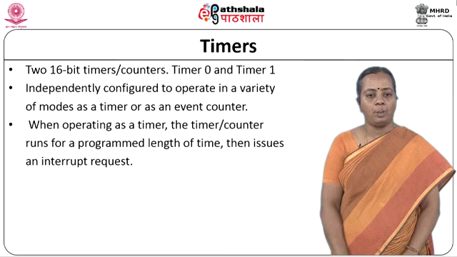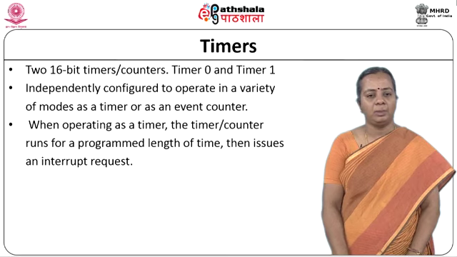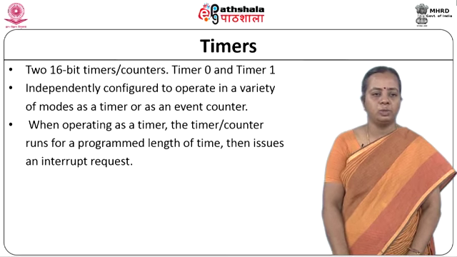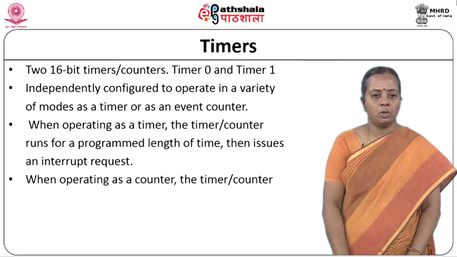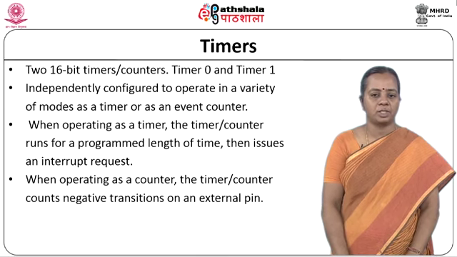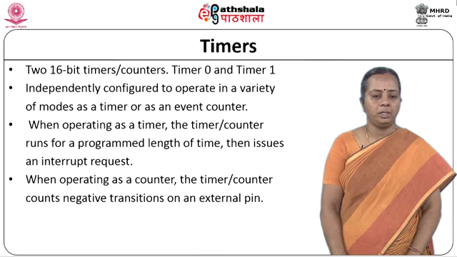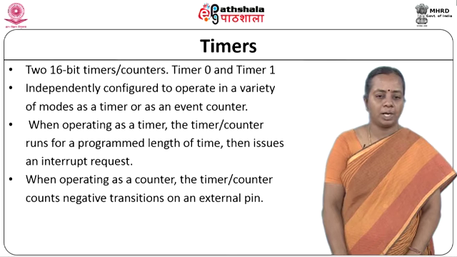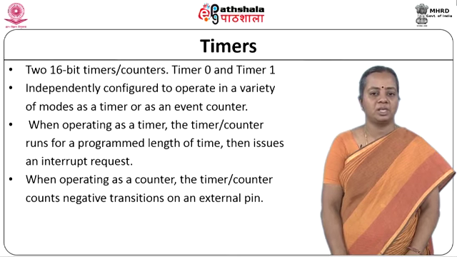When we are operating it as a timer, it will run for a particular period of time, then it issues an interrupt. When you are operating these timers as counters, they count the transitions on an external pin. That means, if I want to count how many times a particular event happens, that event will make a negative transition and it will be connected to the external interrupt pin.